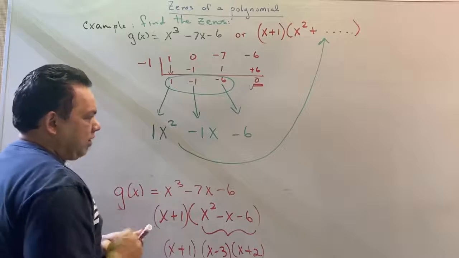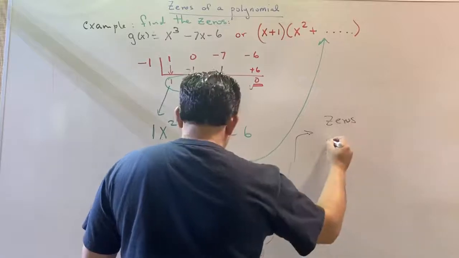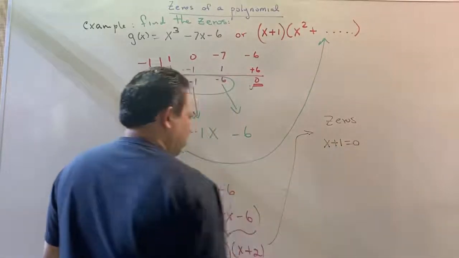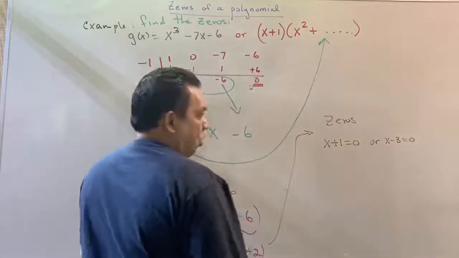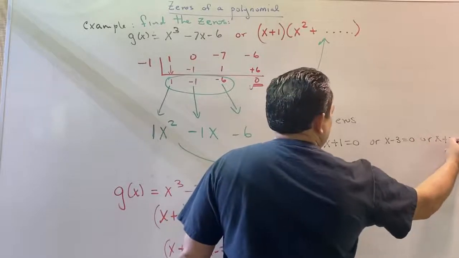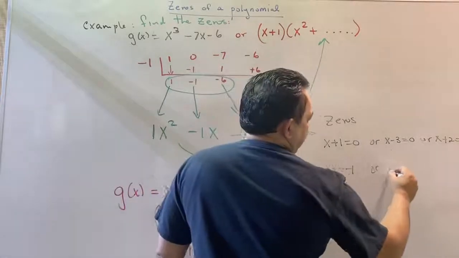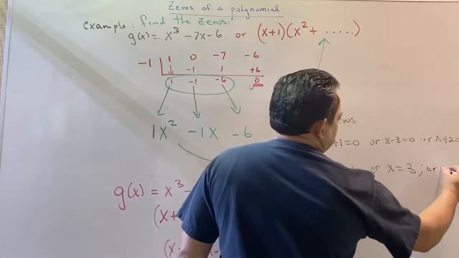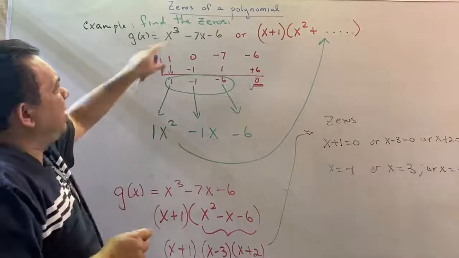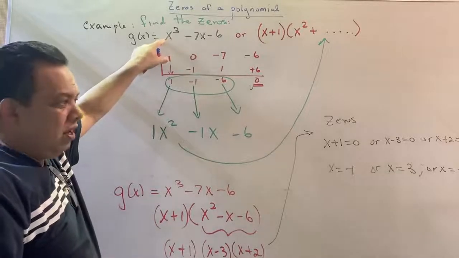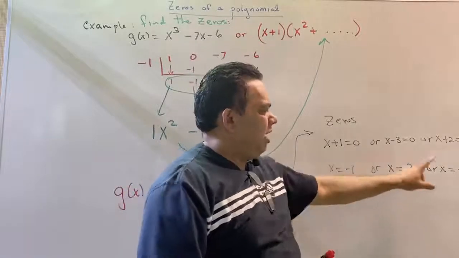Well, the zeros are now x plus 1 equals 0, or x minus 3 equals 0, or x plus 2 equals 0. So x is equal to negative 1, or x is equal to 3, or x is equal to negative 2. Meaning that if you look at the graph of this polynomial, it will cross or touch the x-axis at negative 1, positive 3, and negative 2.